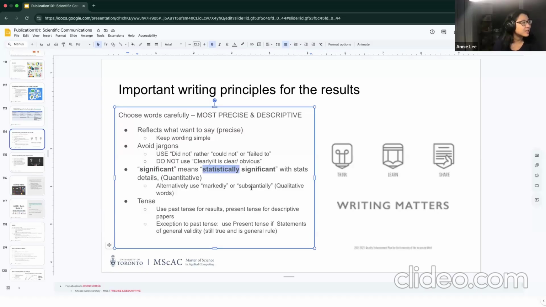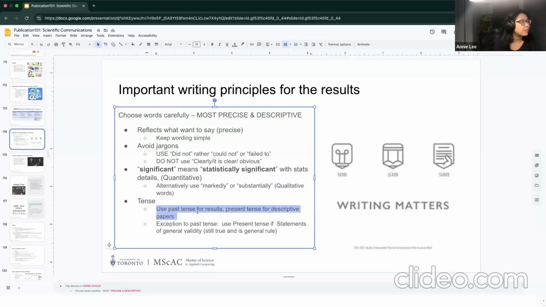You can say substantially, markedly; these are quantitative words versus qualitative words. Don't say a lot or very much. Try to show statistical significance, for example 3.65 plus or minus 1.04 standard deviation, right?